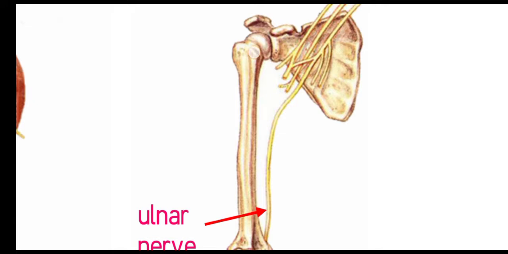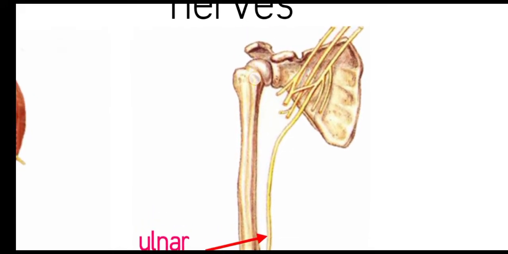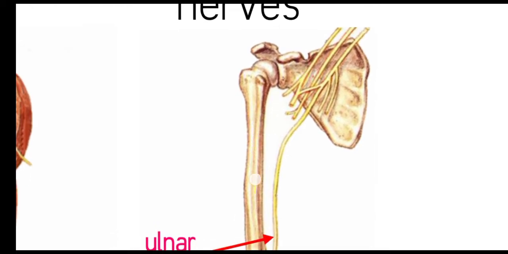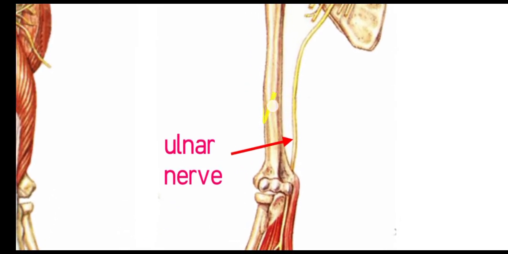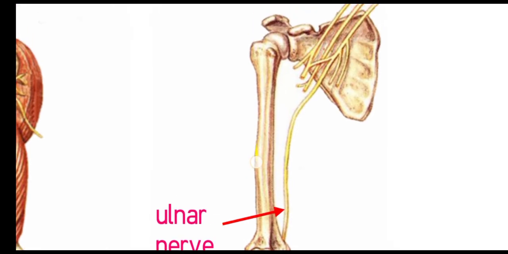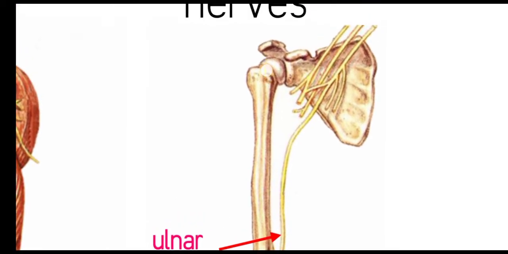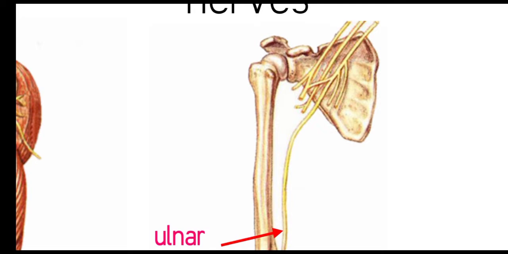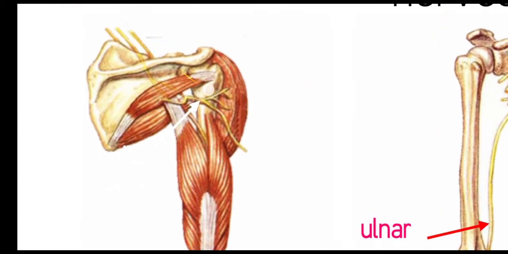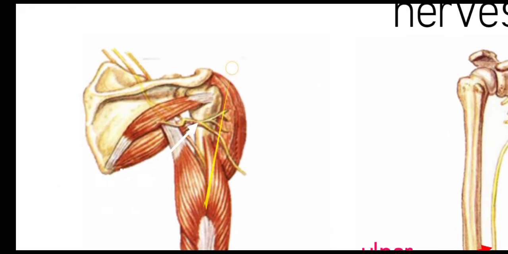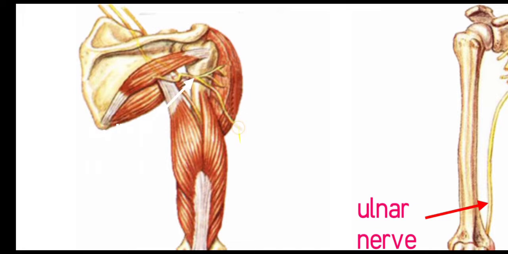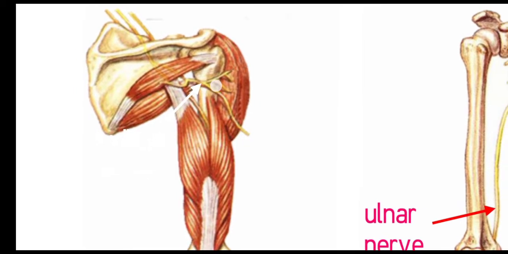Similarly, the radial nerve runs through the radial groove. So any fracture to the shaft of the humerus here would result in damage of the radial nerve, and any fracture of the surgical neck of humerus would result in the damage of axillary nerve. Here you can see this is the axillary nerve.